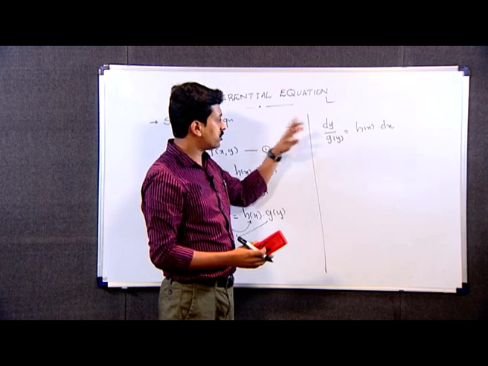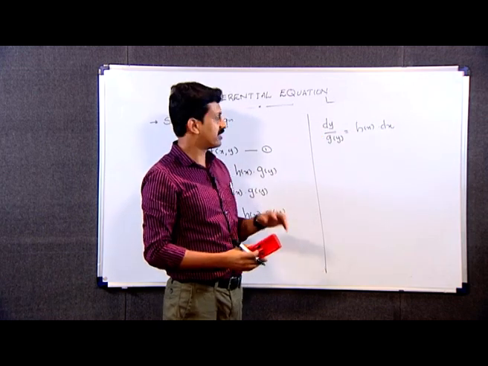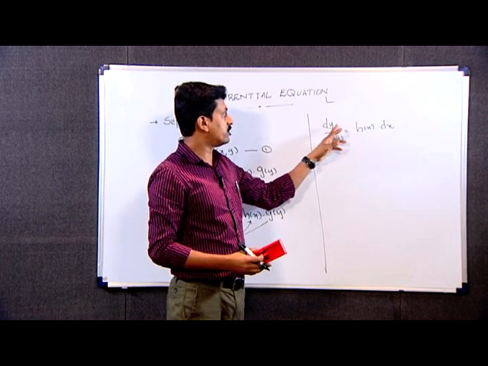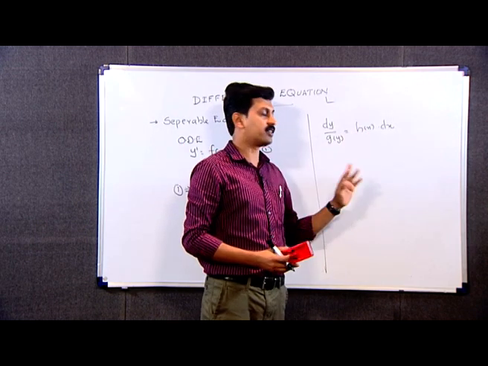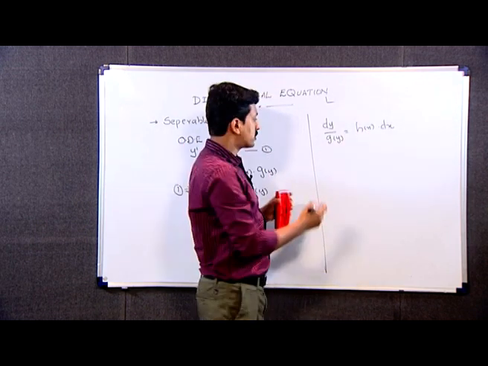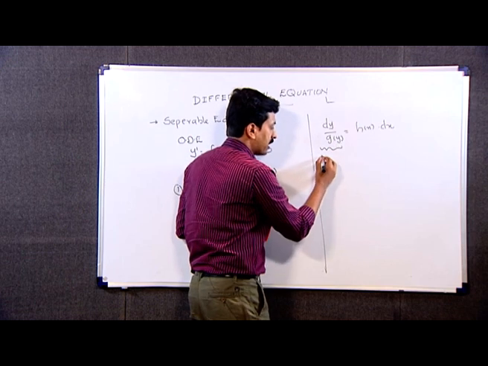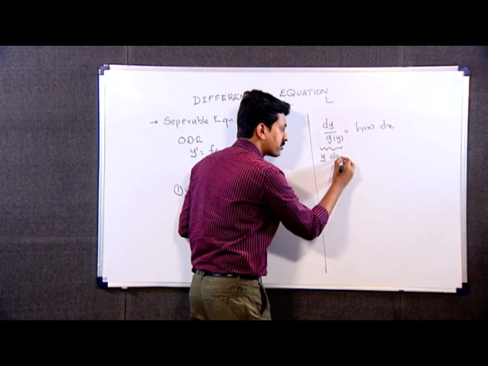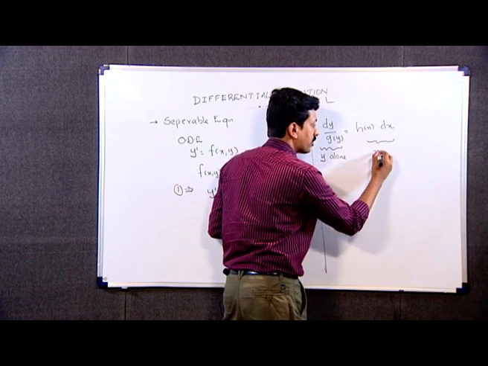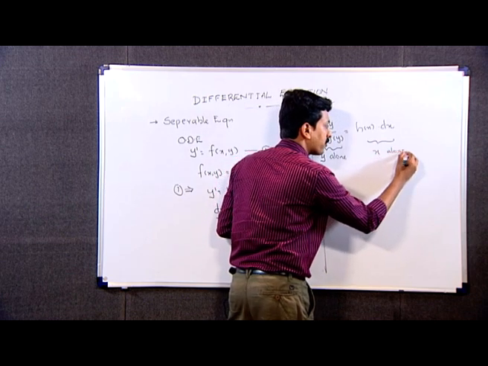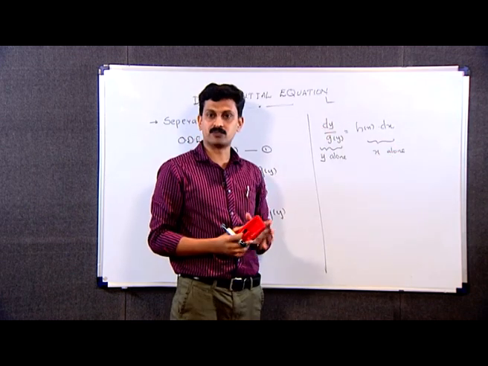Now, 1 by g of y is a function in y into dy, and h of x is a function in x into dx. This part is in y alone, and this part has only x alone. Therefore, we are able to integrate both sides.